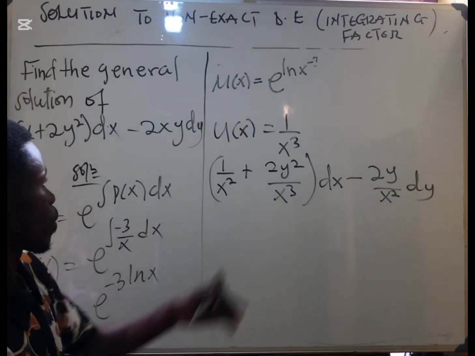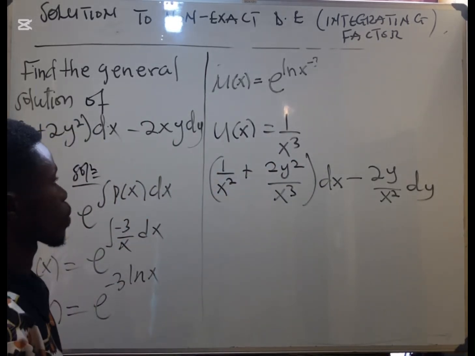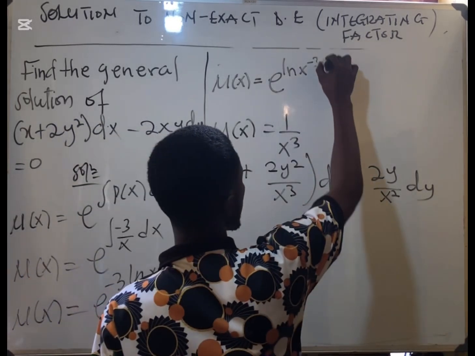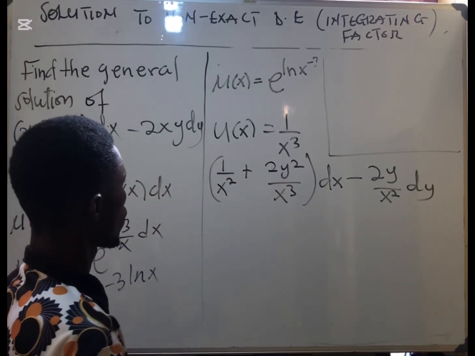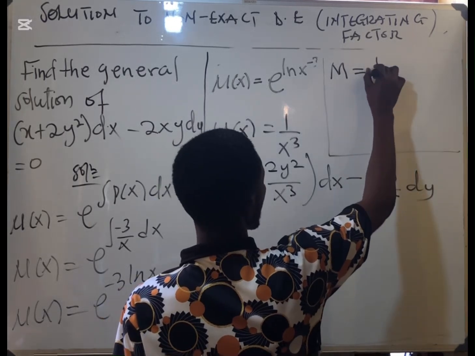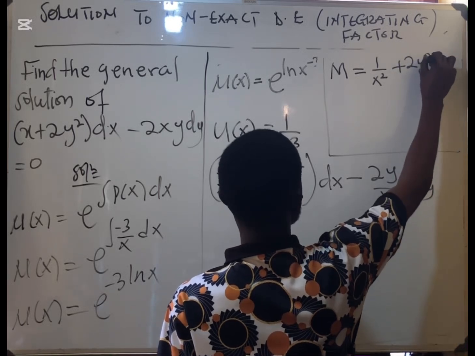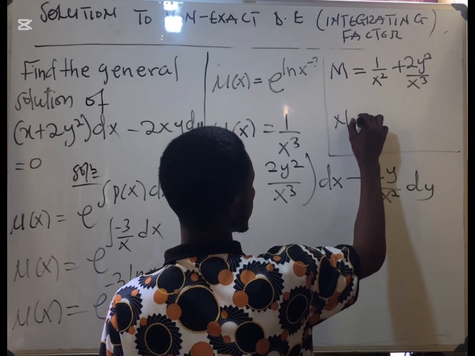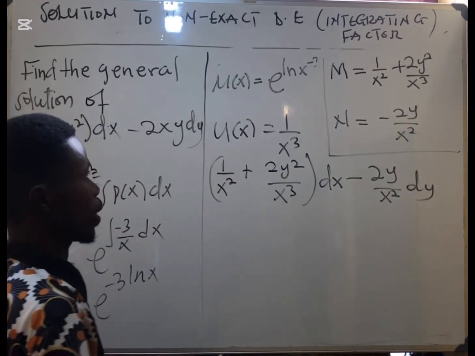If I multiply this one by this, one of the x will cancel, leaving x squared, and the y is still there. So let's identify our M. Our M is now 1 over x squared plus 2y squared over x cubed. Then our N equals negative 2y over x squared.